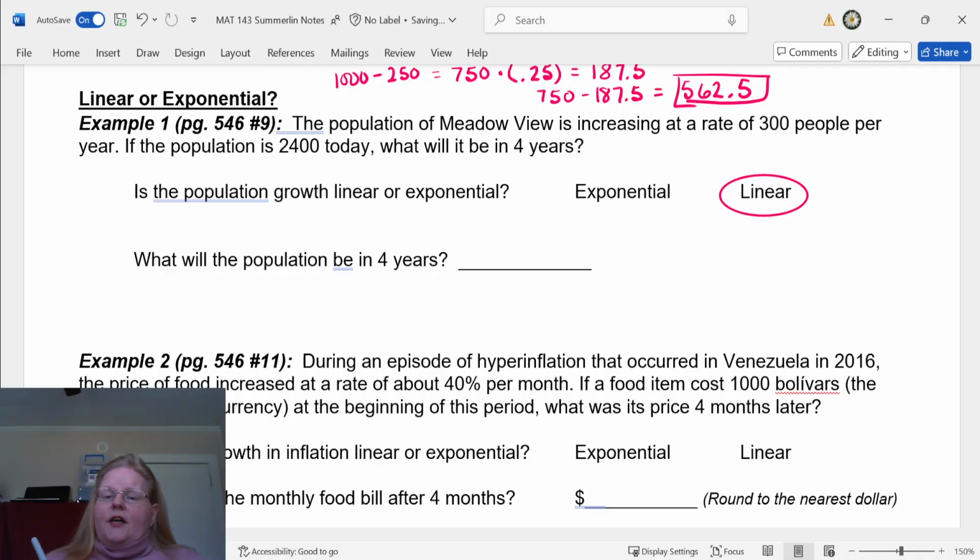So we'd have to take our 2,400 and add the 300 4 times. If we do that, we end up with, that's right, 3,600.